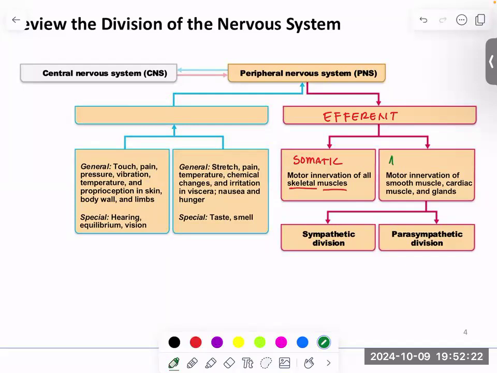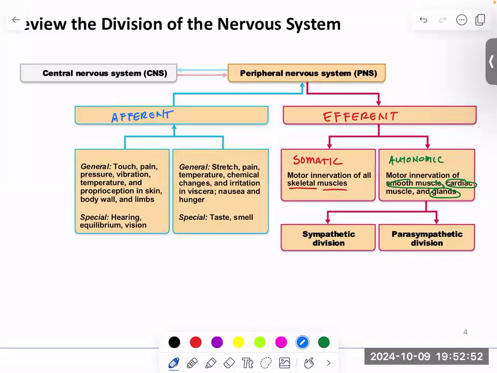The autonomic division, this is what we're going to do the second part of lecture today. This is smooth muscles, cardiac muscles, and glands. These are part of the peripheral nervous system. What we're focusing on today is the afferent division. And the afferent division is broken up into somatic and visceral.